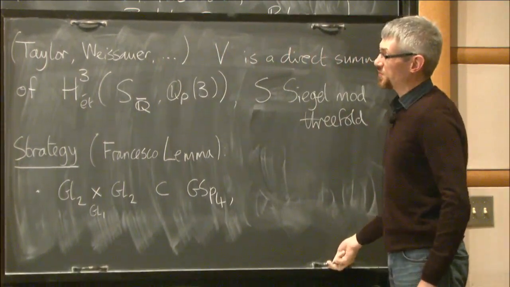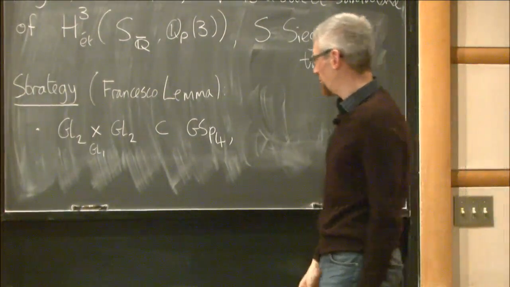So from this inclusion of groups, you get subvarieties of your Shimura variety.